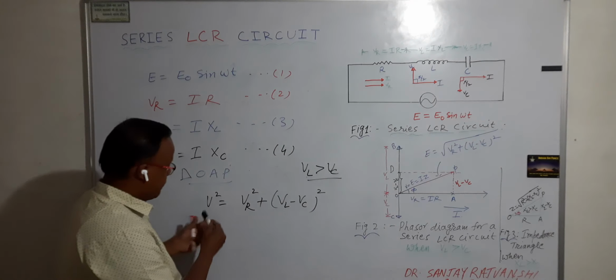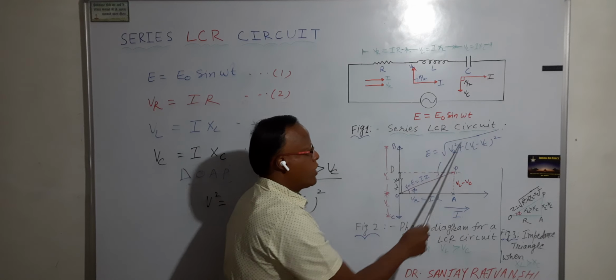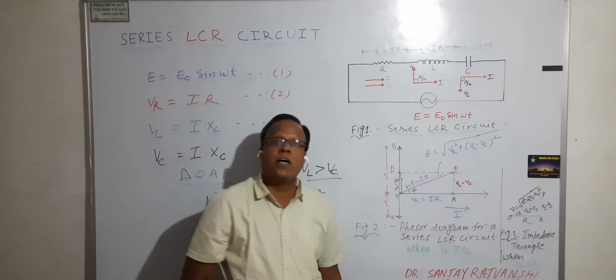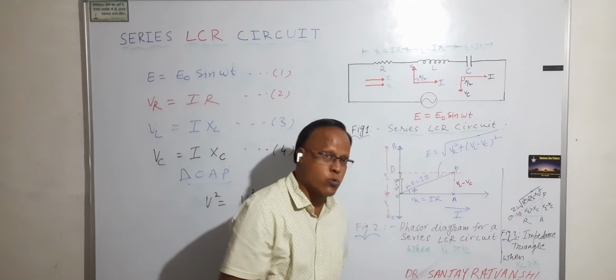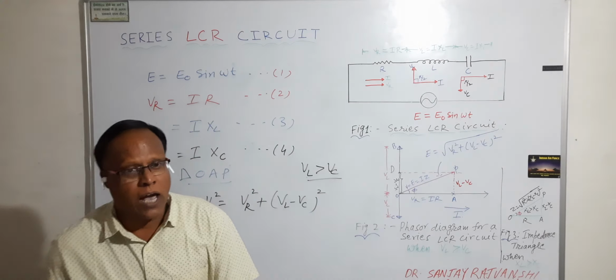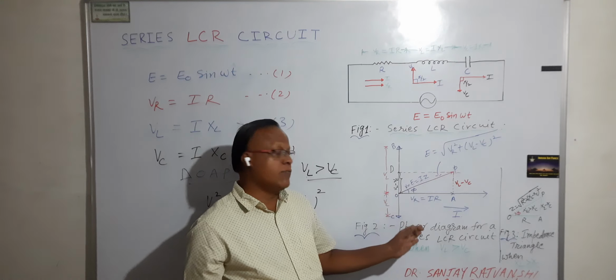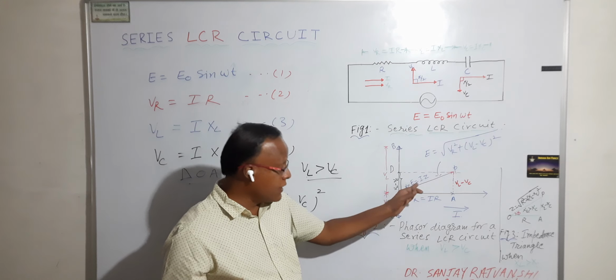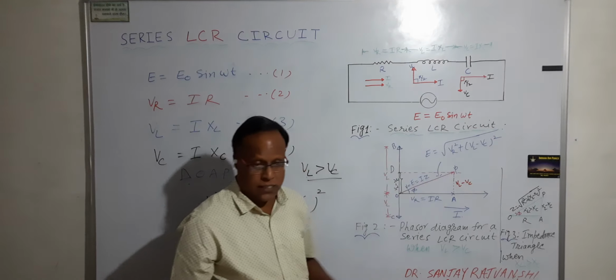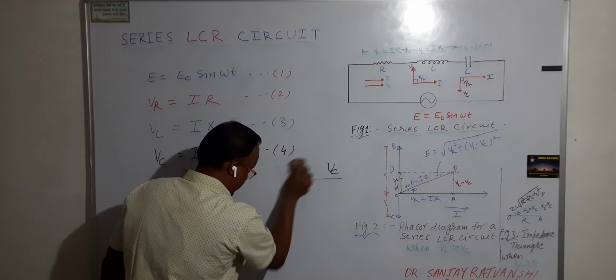This V we can also say is E. So E is equal to the square root of VR square plus (VL minus VC) whole square. This is your effective voltage of the LCR circuit. And if VL is greater than VC, then the current lags behind the voltage. We will discuss this in detail after some time.